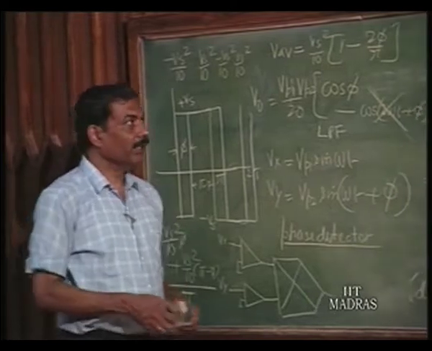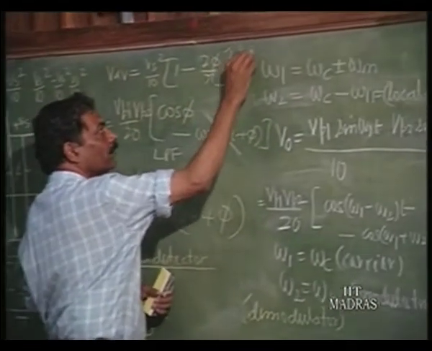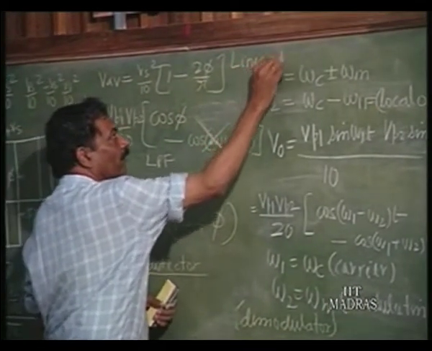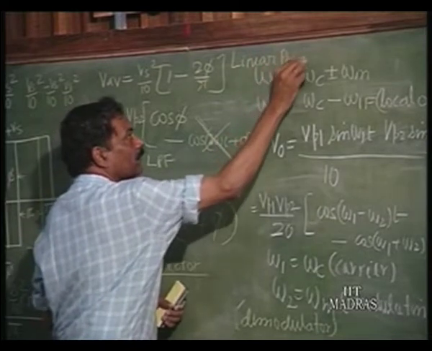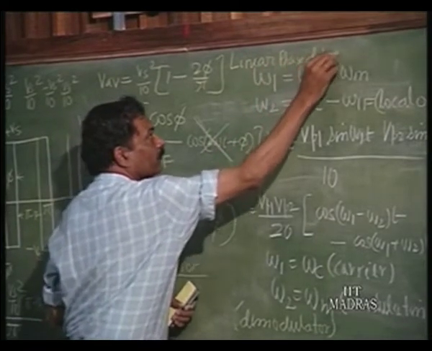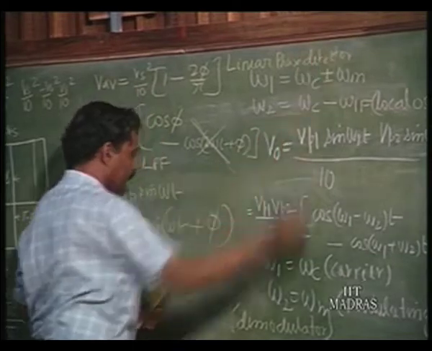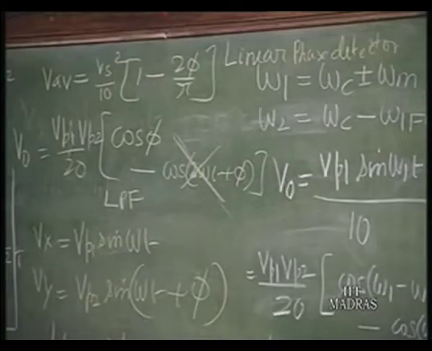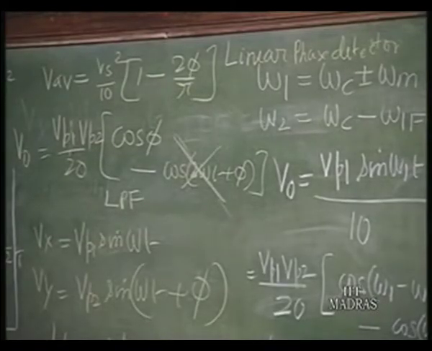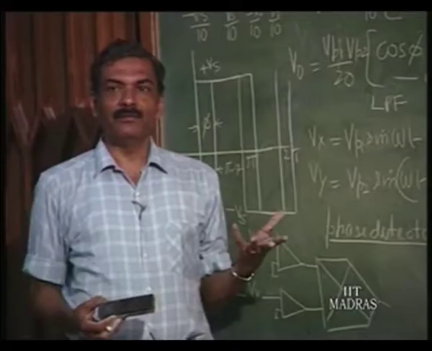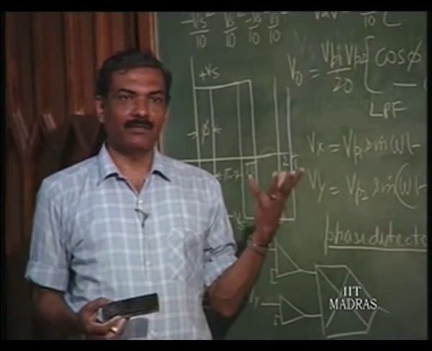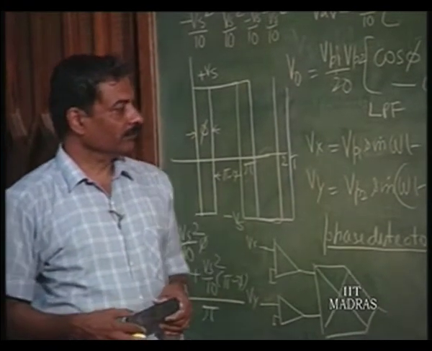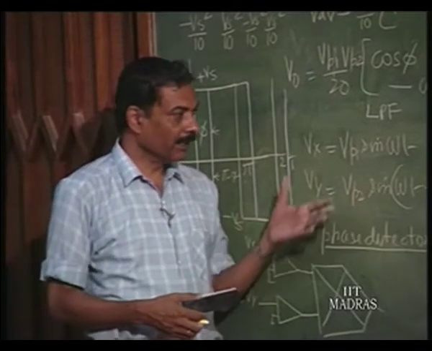This is called a linear phase detector. Therefore, we can use it as a linear phase detector; we will see this is a basic building block of a phase lock loop also. Later on we will see this.